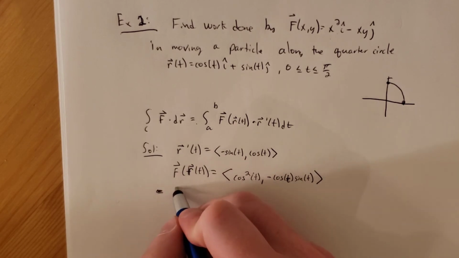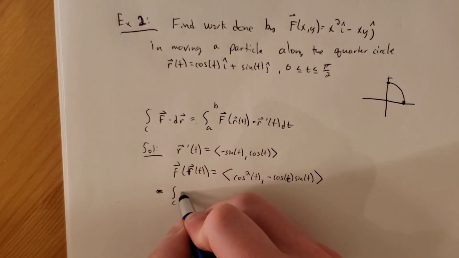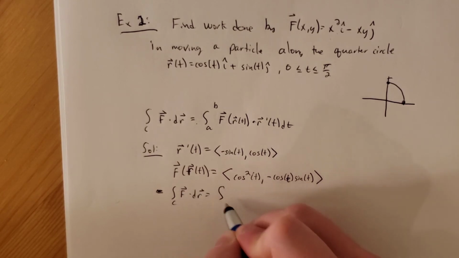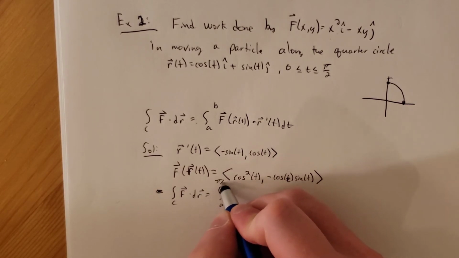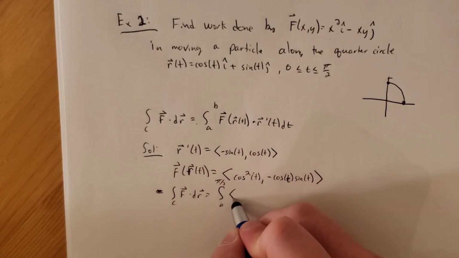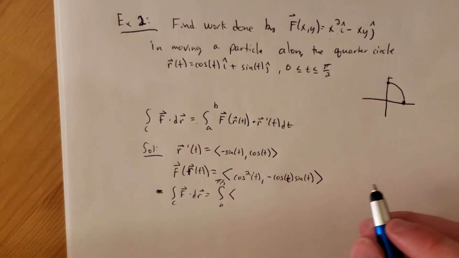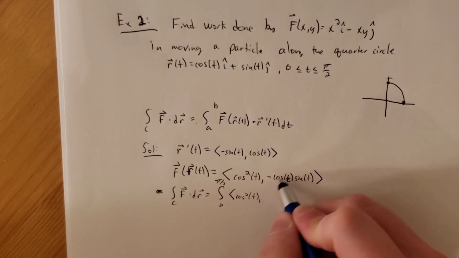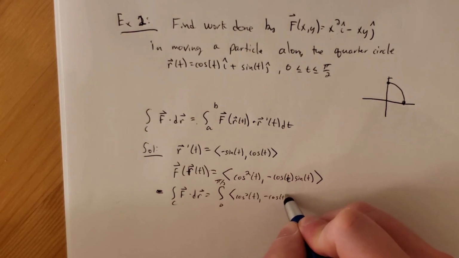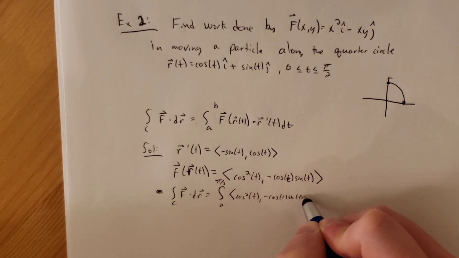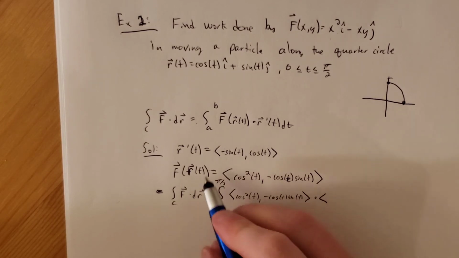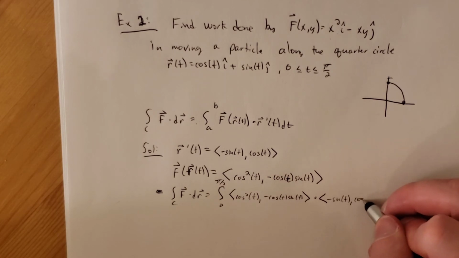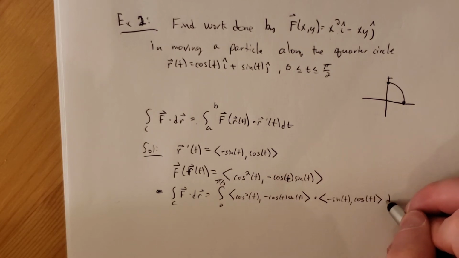So our integral over C of F dot dr is equal to the integral from 0 to pi over 2 of the vector cosine squared comma negative cosine times sine, dotted with r prime, which is negative sine comma cosine, dt.